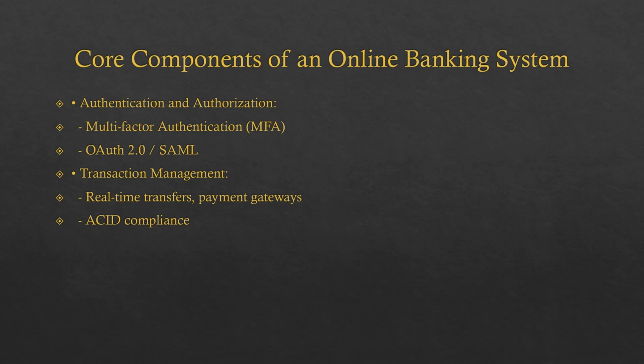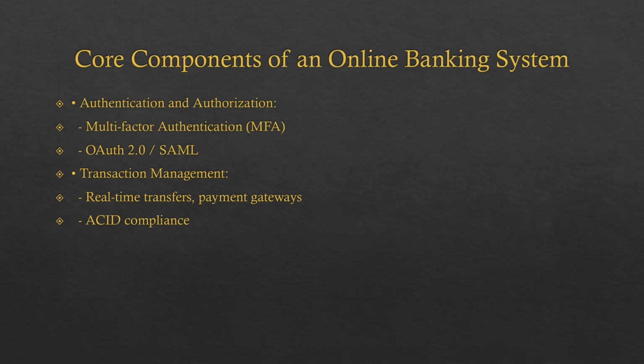To design an efficient online banking system, it's essential to understand its core components. First, authentication and authorization are critical to ensure that users can securely log in and access their accounts. Multi-factor authentication and OAuth 2.0 are widely used in this context.